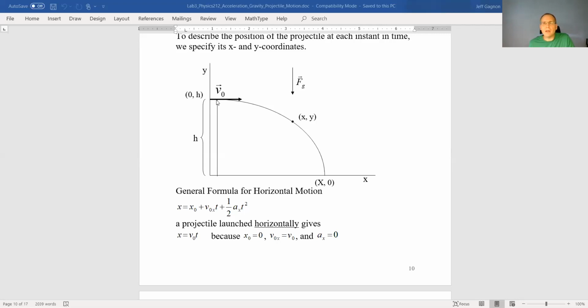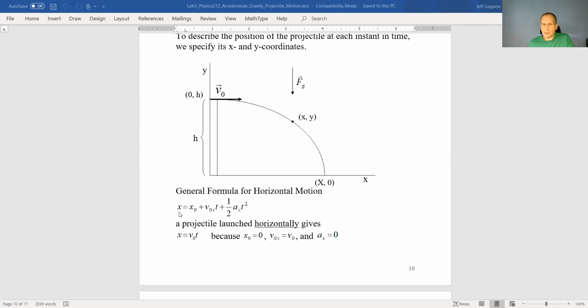So let's say we want to figure out the position, the x and y coordinates of an object at any time after it's launched. So how can I do that? Well, I know that the object is undergoing constant acceleration, right? So if I write the general formula for constant acceleration for the horizontal motion, I can write it like this.